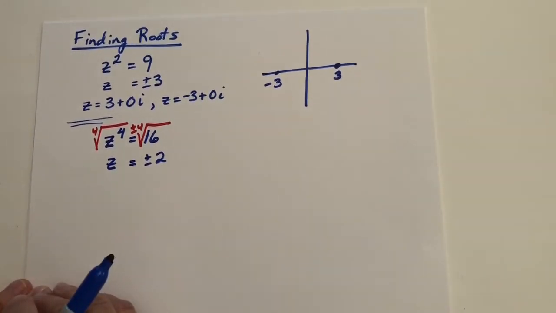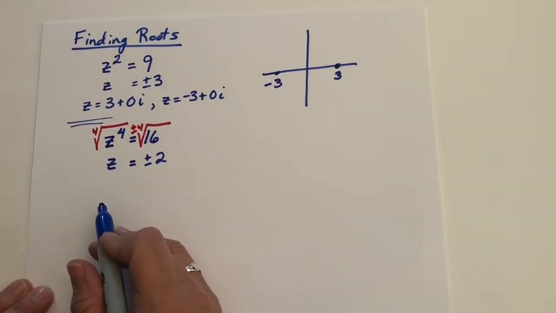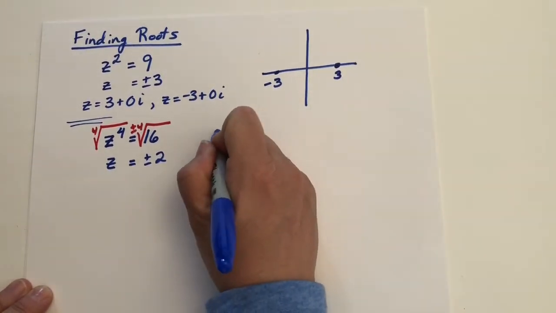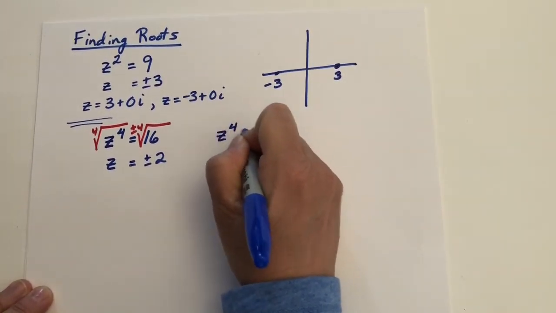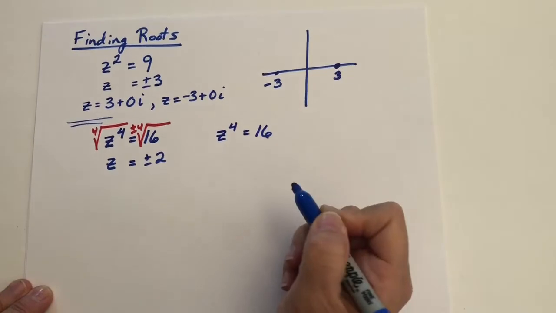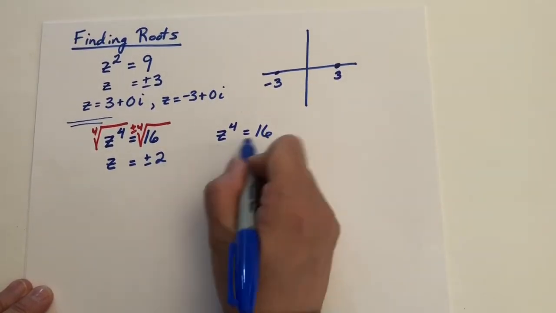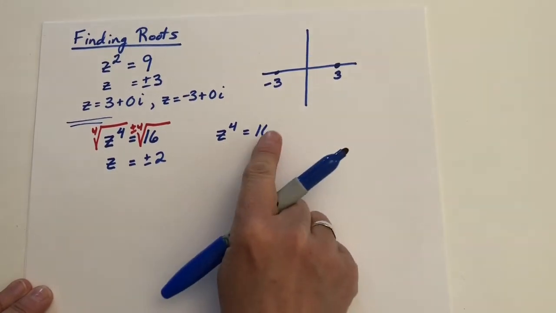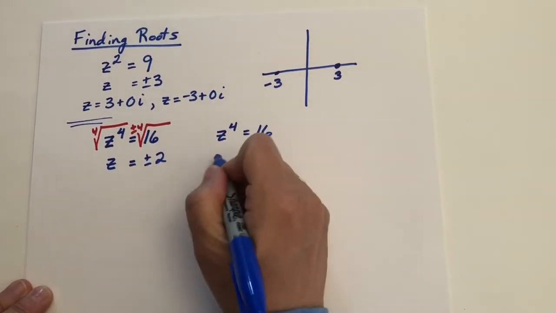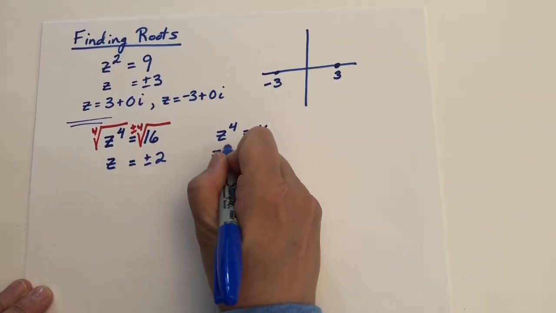So we can algebraically do this a little bit differently. If we solve z to the 4th equals 16 this way, we'll get all four solutions to this equation, which are the fourth roots of 16. Let's subtract 16 from both sides.